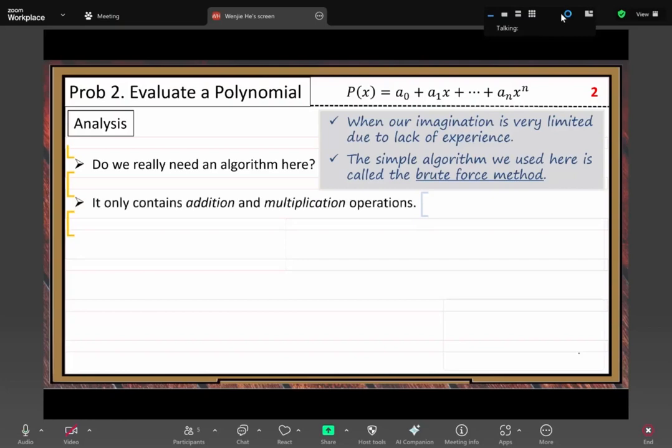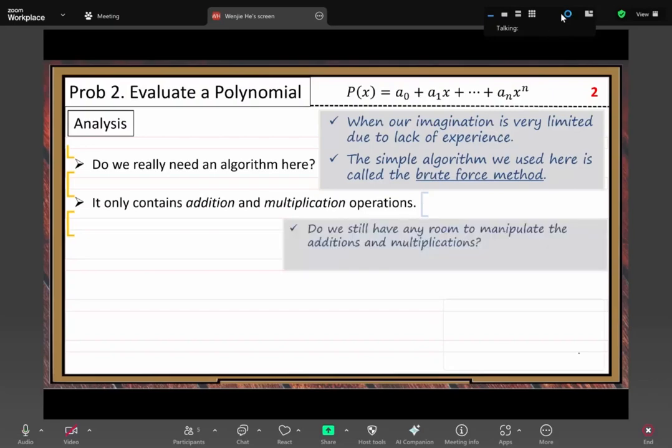Now we want to look at the amount of work in the brute force method. From there, we want to see if we can do better. From the previous example, we know we have some room to do better.